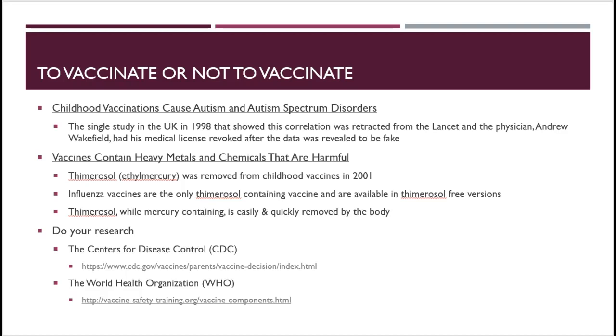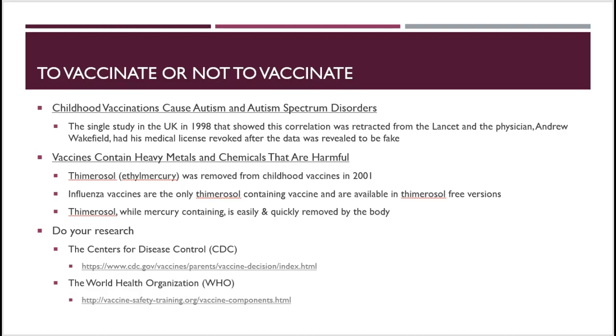So this debate and controversy really began in 1998 in the UK when a physician, Andrew Wakefield, published a paper in the Lancet that showed a correlation between autism and autism spectrum disorders and the MMR vaccine.